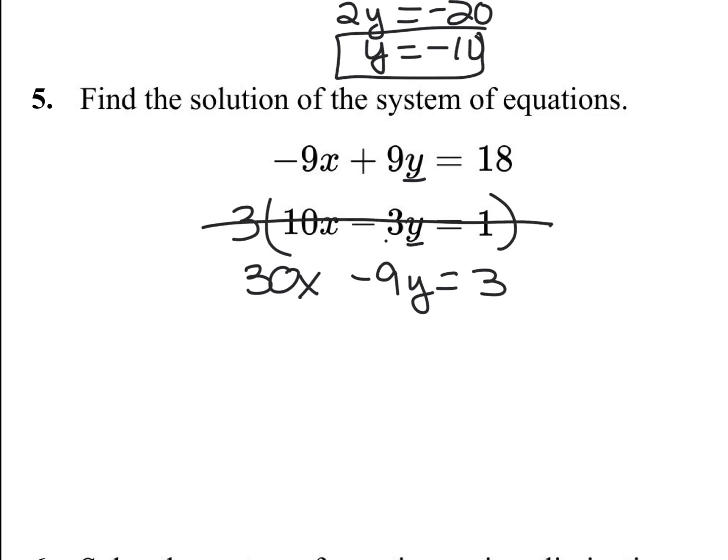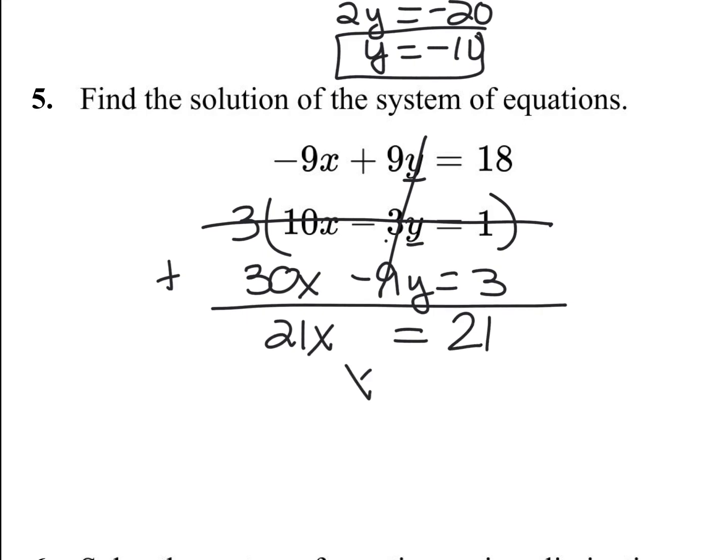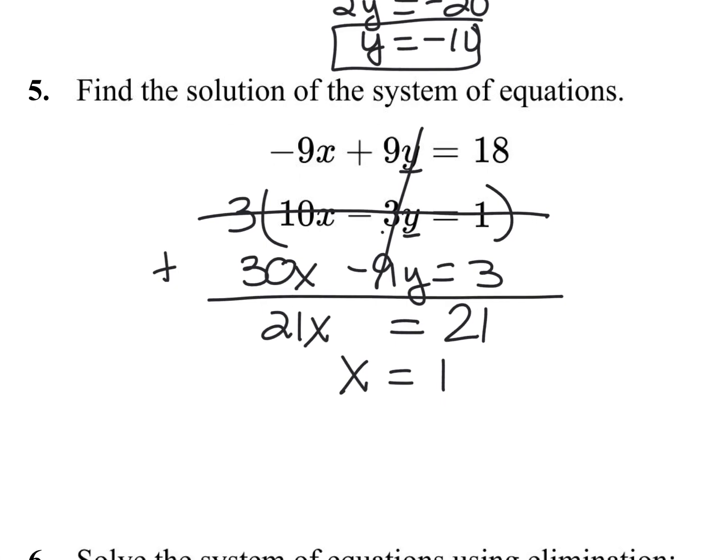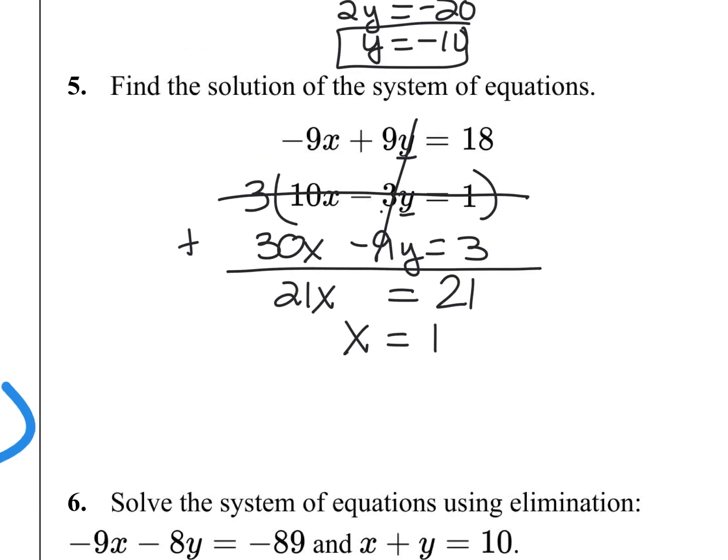So I replace that with this. Now I'm going to add them together. -9x plus 30x is 21x. 9 plus -9 cancels out. Equals 18 plus 3 is 21. So x equals 1. Don't forget to get your y.